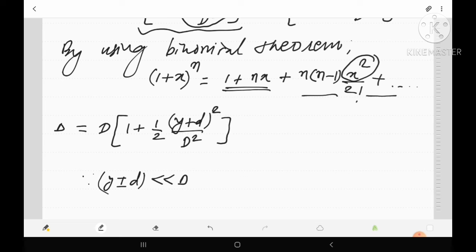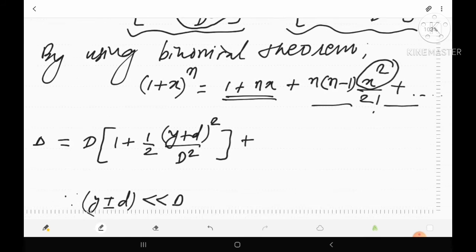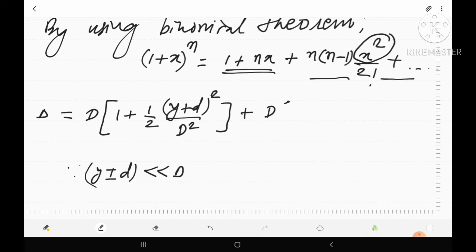So here this will be the formula, plus for the second term, again applying the binomial theorem, we have d times the bracket 1 plus n, n means 1 by 2, x means y minus d whole square upon capital D square.